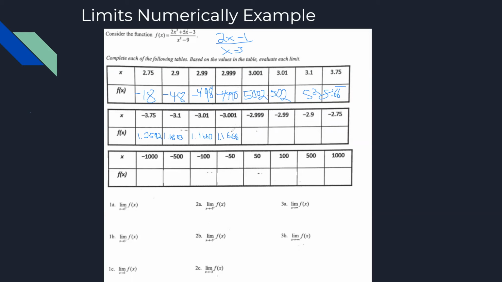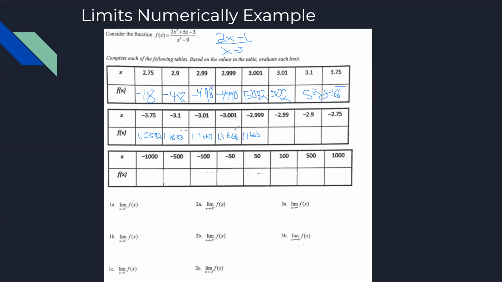1.16-ish. And then negative 2.99 comes out to be 1.1665. So you know that negative 3 is some value that's likely somewhere in between these two.